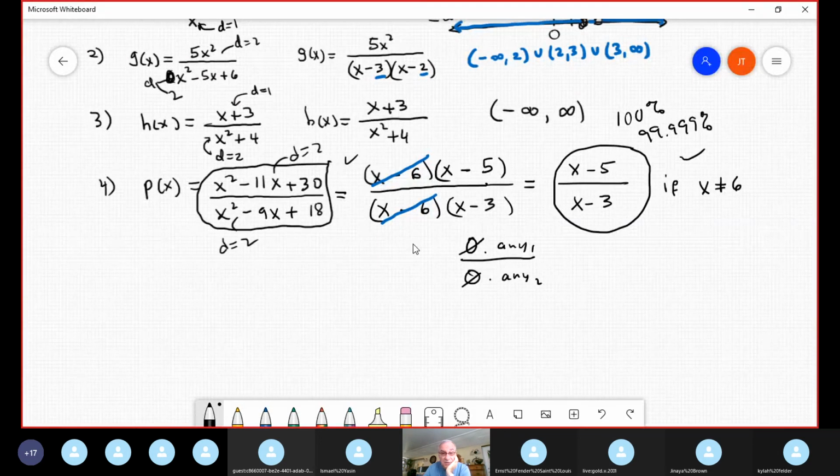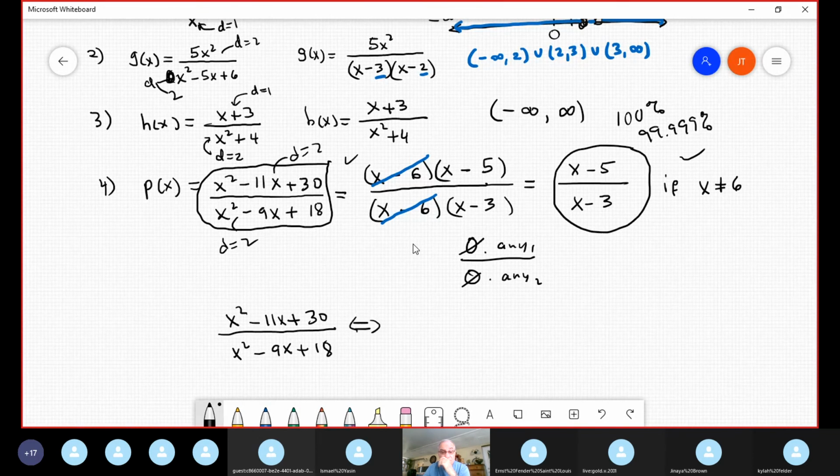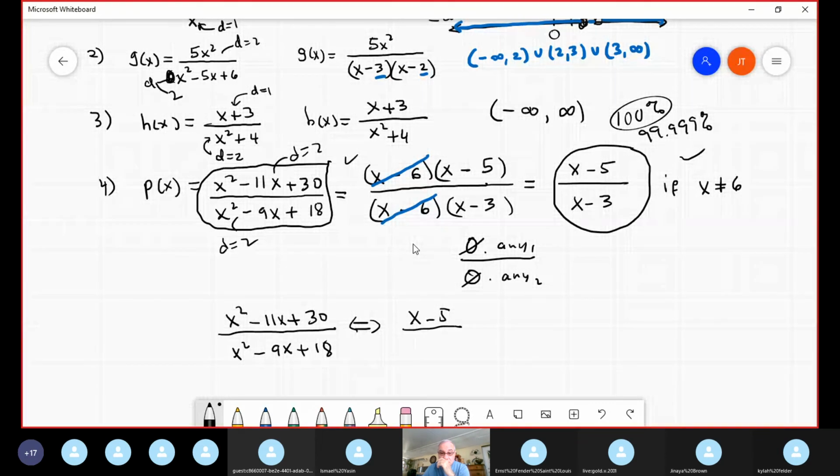So I know that this statement is true: x squared minus 11x plus 30 divided by x squared minus 9x plus 18 is equivalent to this, which is easier, and with that restriction.